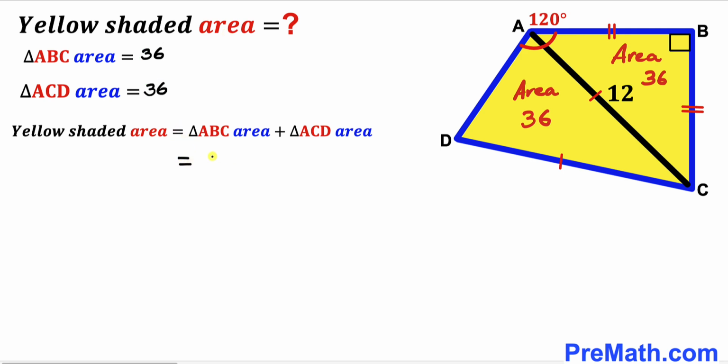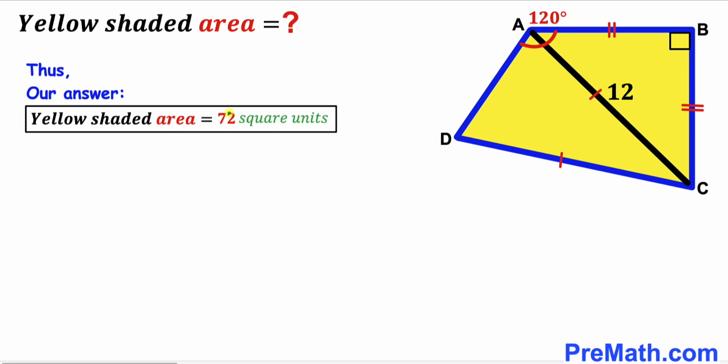So this is going to be 36 plus 36, which is going to give us 72 square units, the area of this yellow shaded quadrilateral. So thus the area of this yellow shaded quadrilateral turns out to be 72 square units. And that's our final answer.